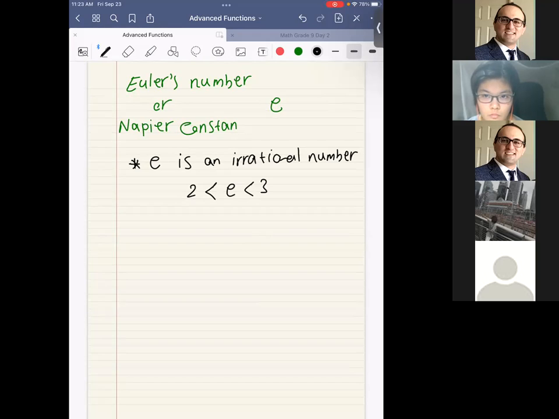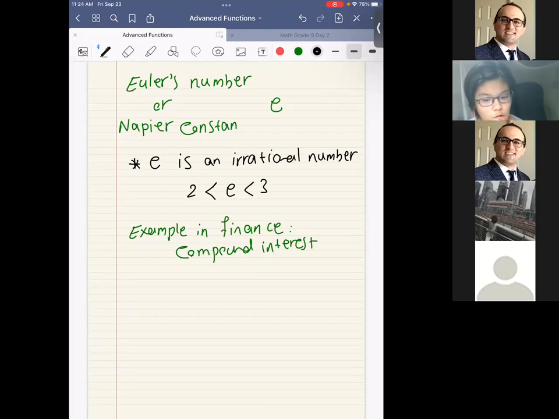When you want to compute the compound interest, that is an example in finance. Do you know the meaning of interest in finance? No.